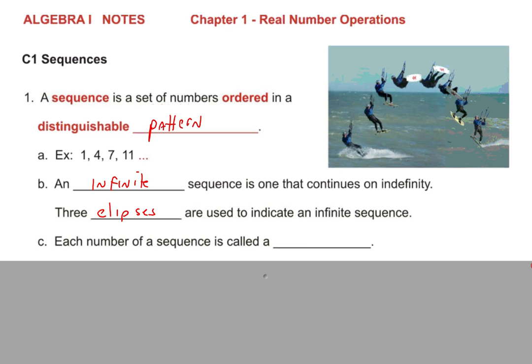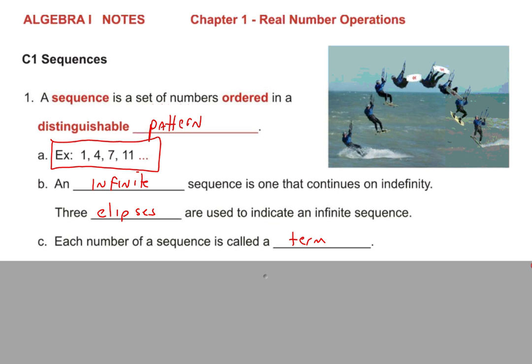All right, each number of a sequence is called a term. It's called a term. So I want you to focus back on our sequence right here. So the first term is 1, right? And the second term is 4. And the third term is 7.